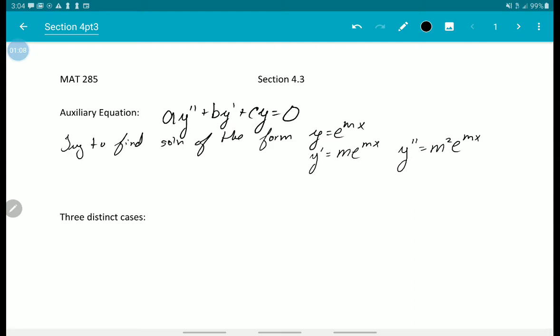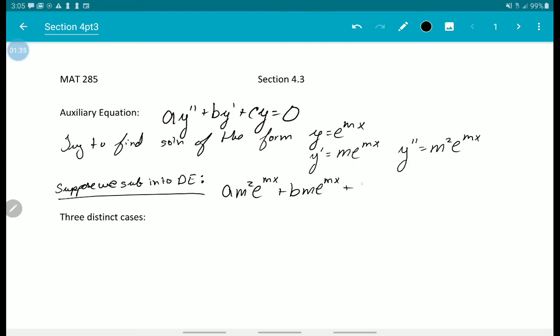So suppose we did a substitution. So we're going to have a times m squared e to the mx plus b times me to the mx plus c times e to the mx is equal to 0.